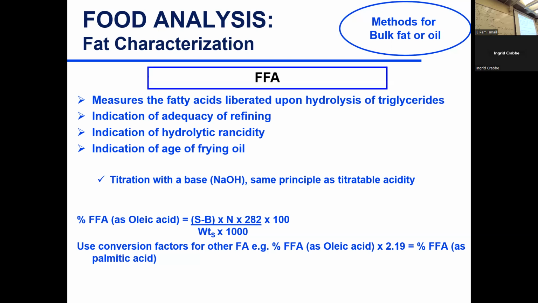We can convert to any other fatty acid or main fatty acid in the oil by multiplying by a conversion factor, which we get from a table. But usually you calculate using oleic acid.